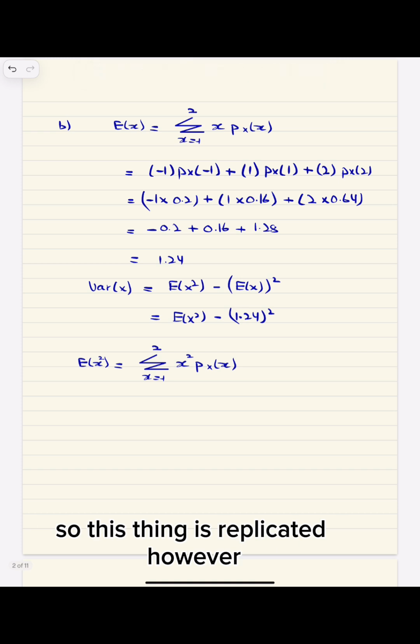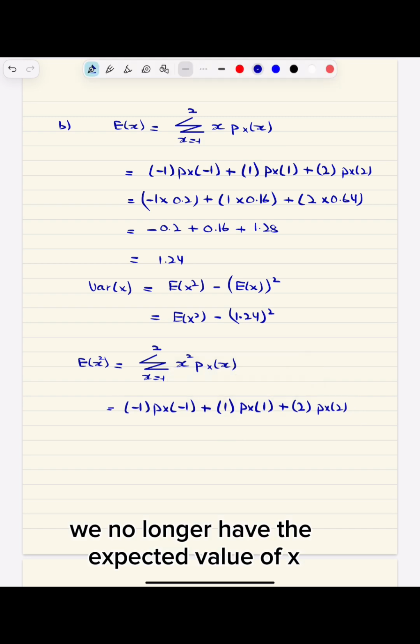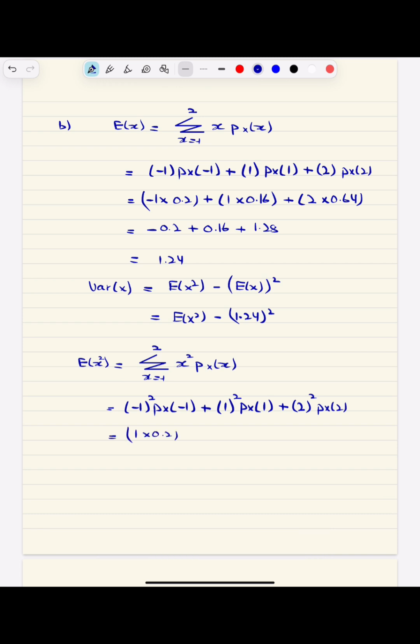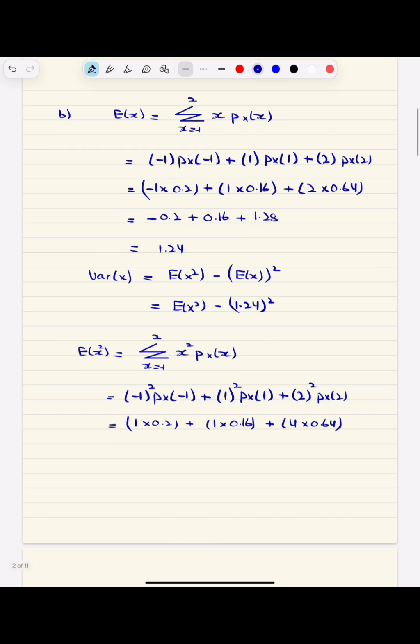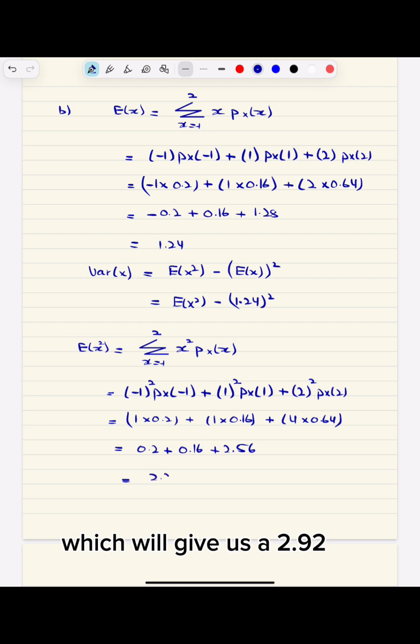So we have 1 multiplied by 0.2 plus 1 multiplied by 0.16, then plus 4 multiplied by 0.64. So we have 0.2 plus 0.16 plus 2.56, which will give us 2.92.